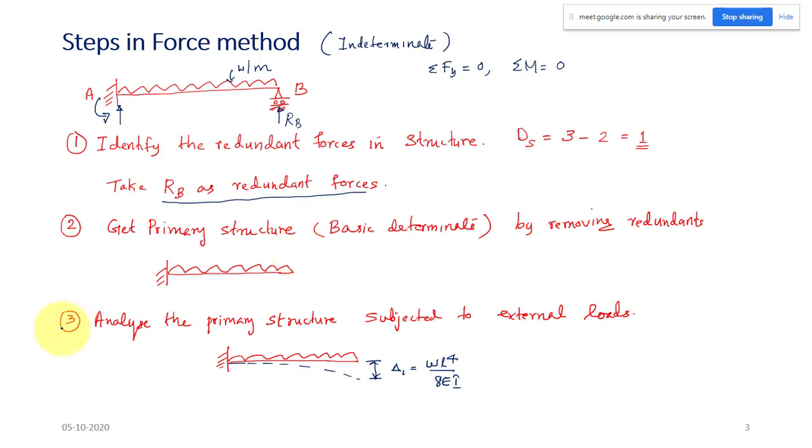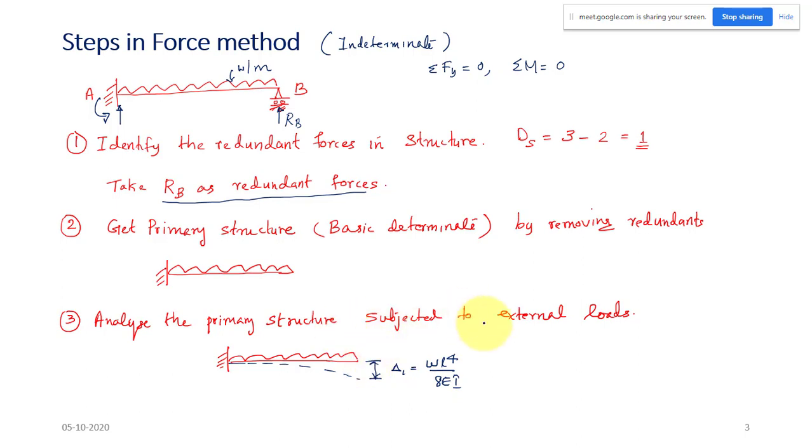And the third step is to analyze the primary structure. This is my primary structure, the basic determinate structure. Analyze the primary structure subjected to the external load. If you see the given condition, the external load is the UDL. The outcome of this analysis is that you will be able to find the deflection at the free end.